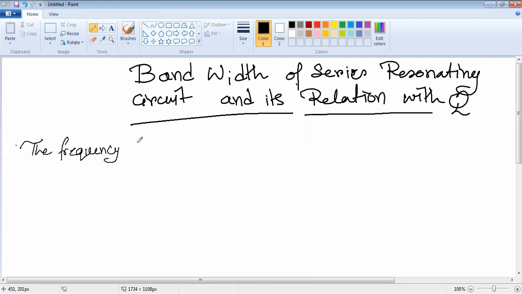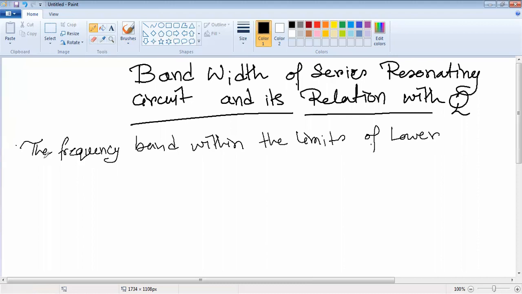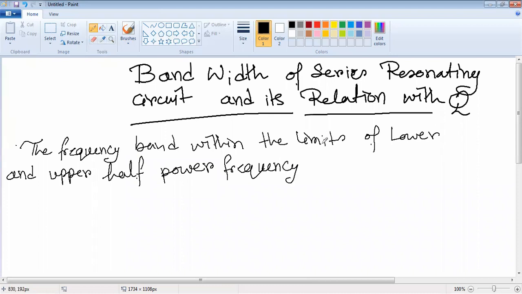The frequency within the limits of lower and upper half power on this resonance circuit.